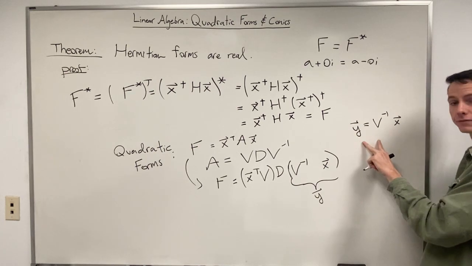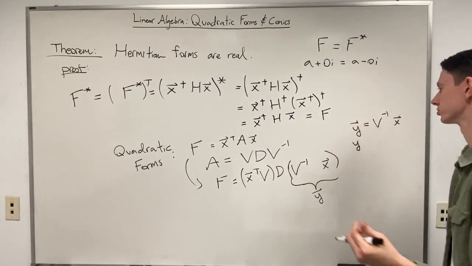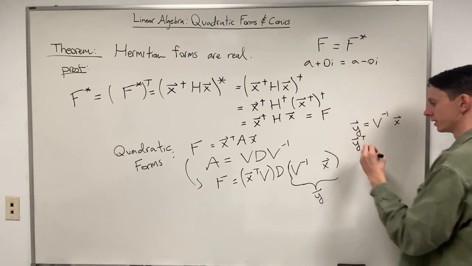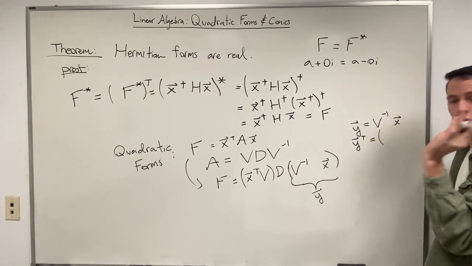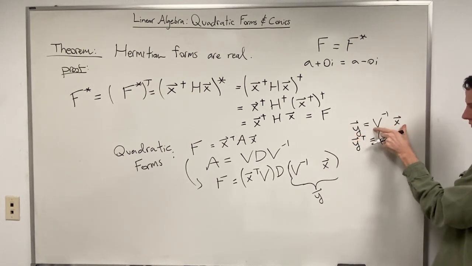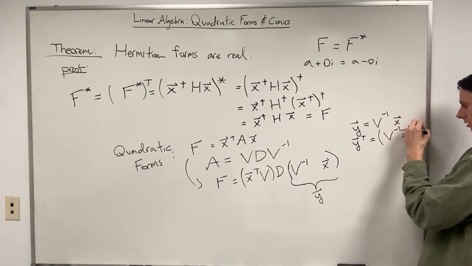If this quantity is the vector y, then this quantity in parentheses is just the transpose of y. Let's understand why that's true. So y transpose, I am claiming, it's just the transpose of this, right? If this is y, then the transpose of y is V inverse x transpose.